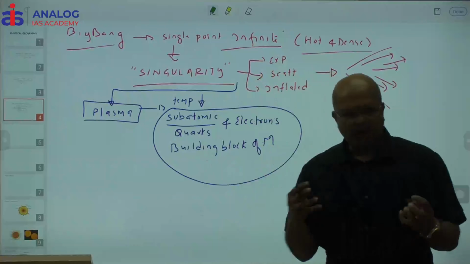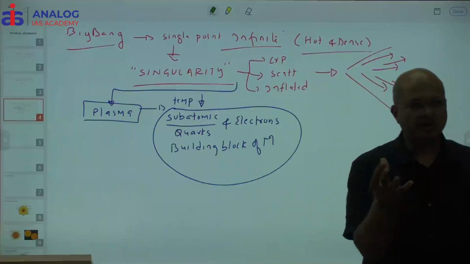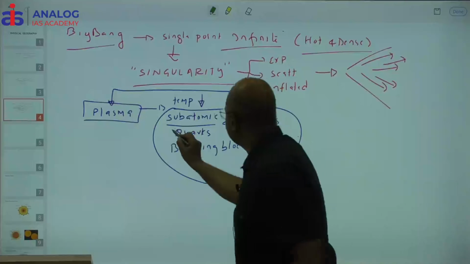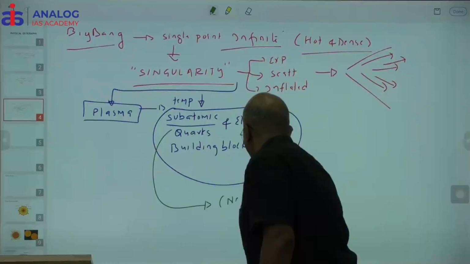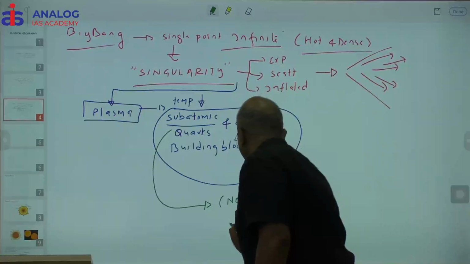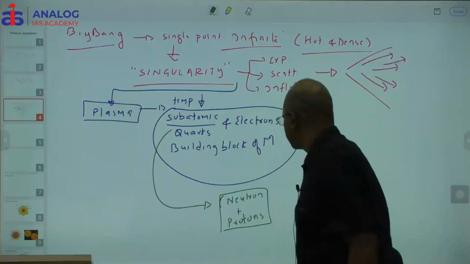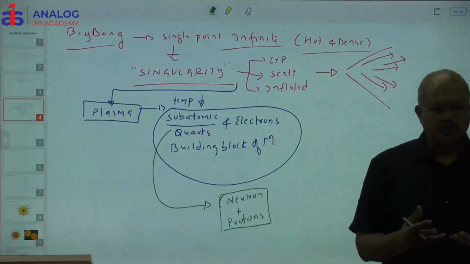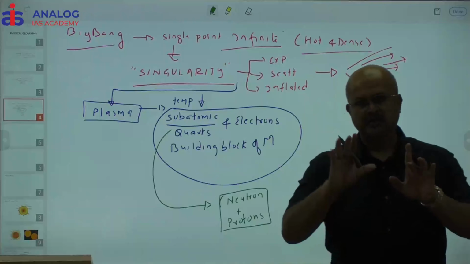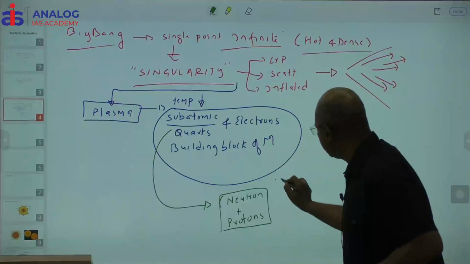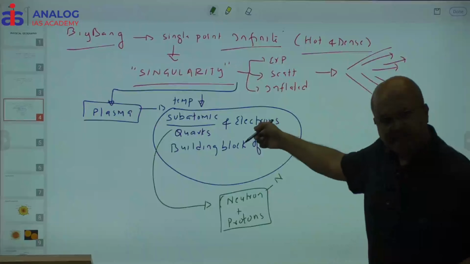These subatomic particles, quarks, organized and combined, and when these quarks combined, they formed protons and neutrons. Protons and neutrons combined and formed the first nucleus.